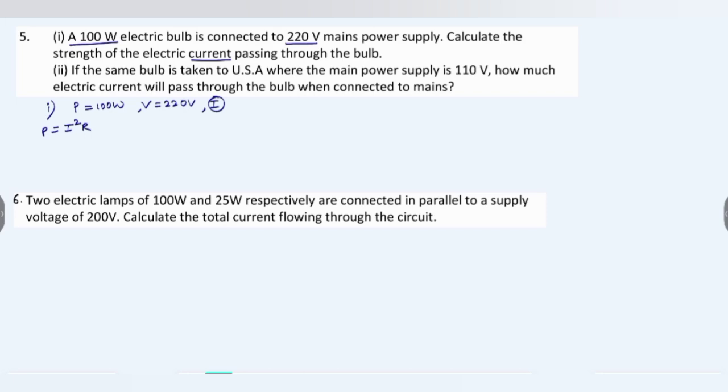Here we have to find I. From this, I square is equal to power by R. So I square is equal to 100 by, okay, resistance we also don't know. So we have to find the resistance. I square R we cannot use directly. What is the formula related to power, voltage and resistance?